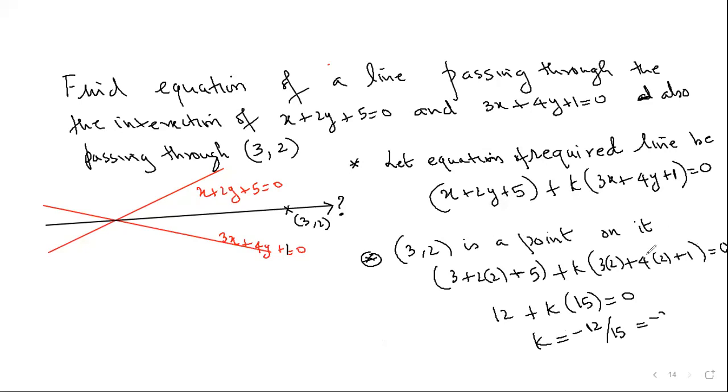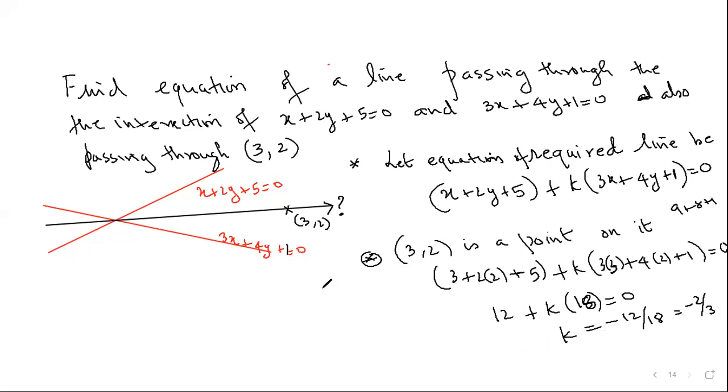Yes, sir, it is 3 into 3, so it becomes 9. So 12 plus 18k equals 0, and k is minus 12 by 18, that is minus 2 upon 3.